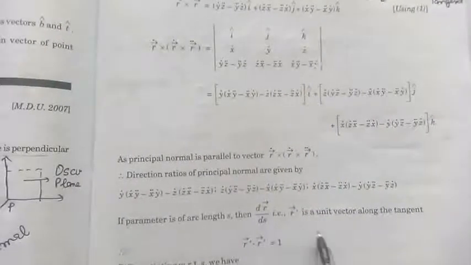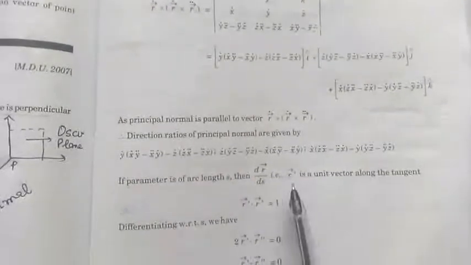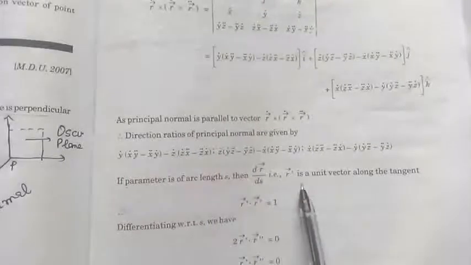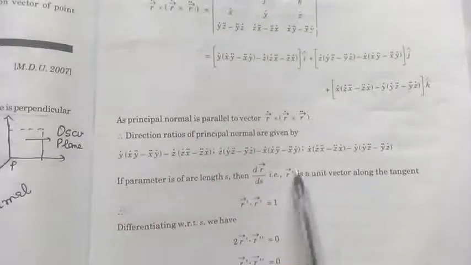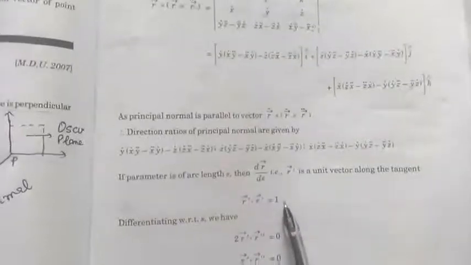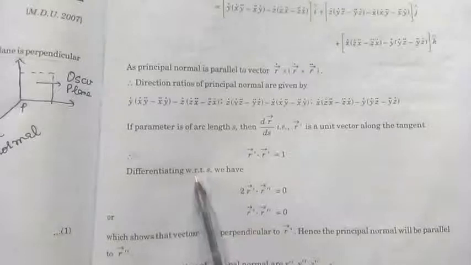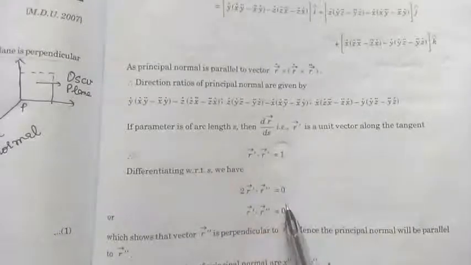The direction ratios of the principal normal can also be obtained by using the definition of the unit vector along the tangent. By definition, the unit vector along the tangent is dr by ds, which is denoted by r dash. Because this is a unit vector, its magnitude will be 1. Now differentiating both sides with respect to s, the derivative of 1 is 0.